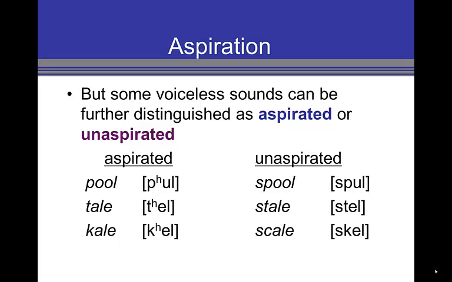When you say pool, you should be able to feel a small puff of air immediately after the P. This is aspiration, and we transcribe it using a superscript H. The word spool, in contrast, does not have this aspiration following the P, so we do not put the superscript H in transcription. Try it with all three words, feeling for the puff of air. Pool, spool, tail, stale, kale, scale.